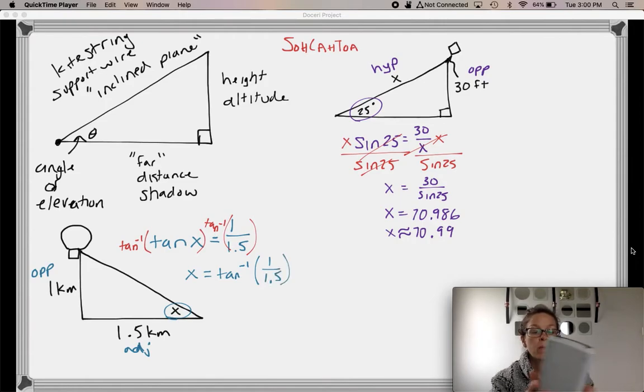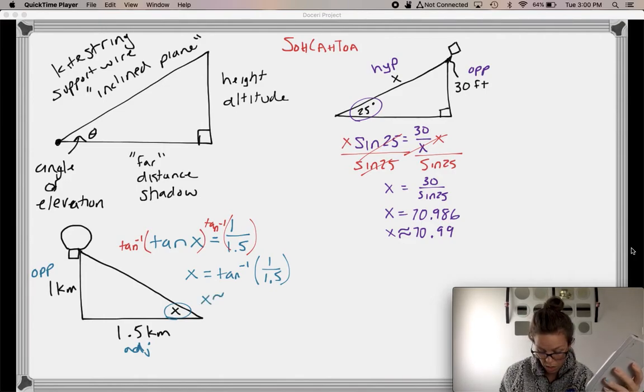Type that in my calculator. Inverse tangent of 1 over 1.5. And I get 33.6900, which I believe on Khan Academy, when it asks for angles, it asks for a tenth.